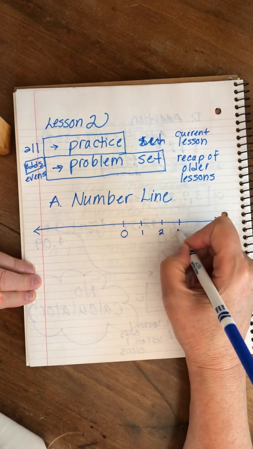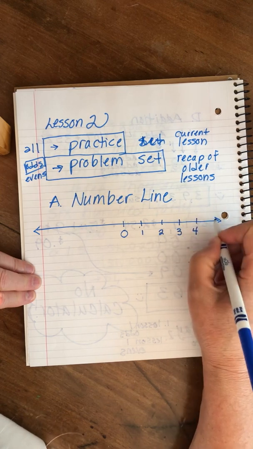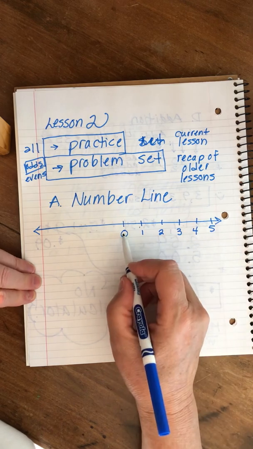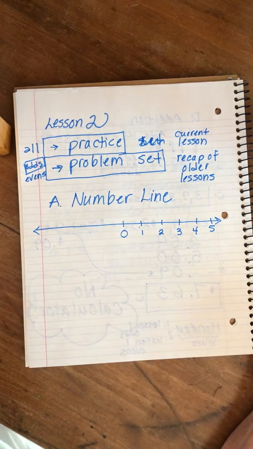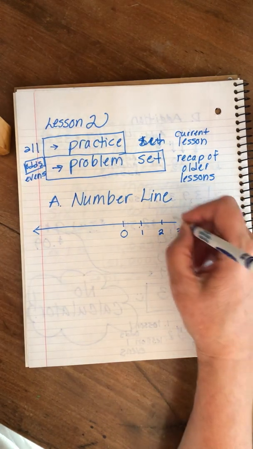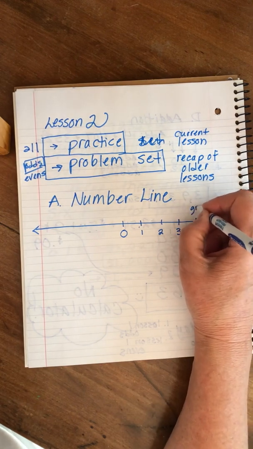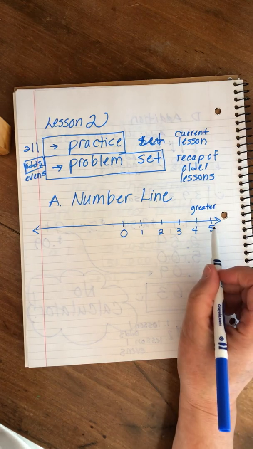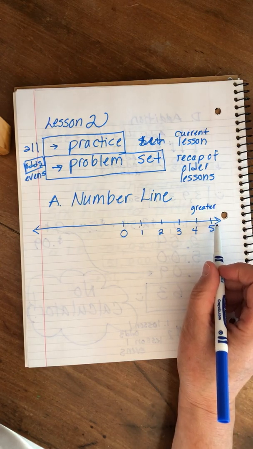And I'm going to add the whole numbers here, right? We said last time that the whole numbers are the counting numbers with 0 at the front. And we know that as we move in this direction, the numbers get greater, right? And we could keep on going to infinity, but I just stopped when I ran out of paper.